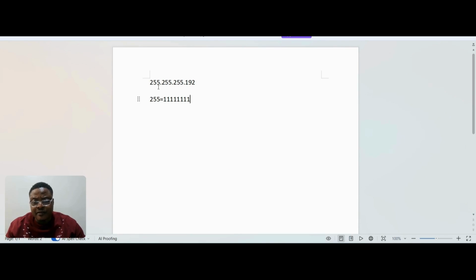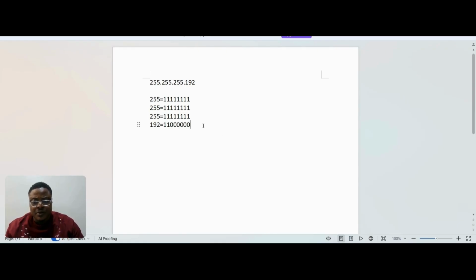We already know 255 is 1111 1111, an octet, 8 ones. So same for 255, 255. Then 192, using the same method I used earlier, is 11000000.